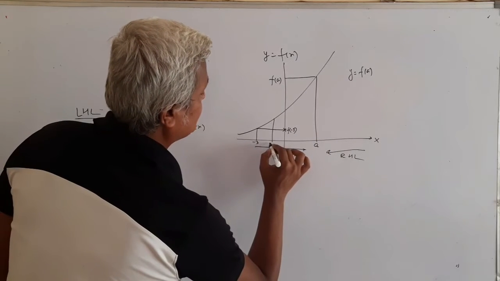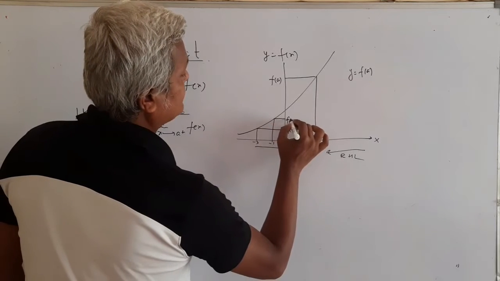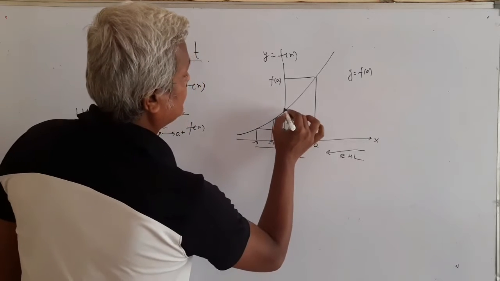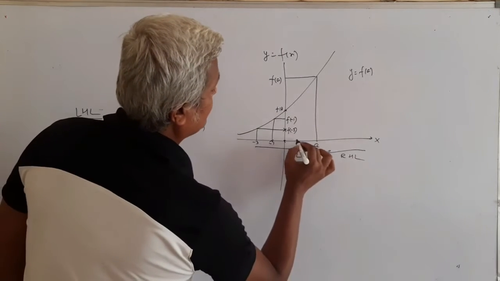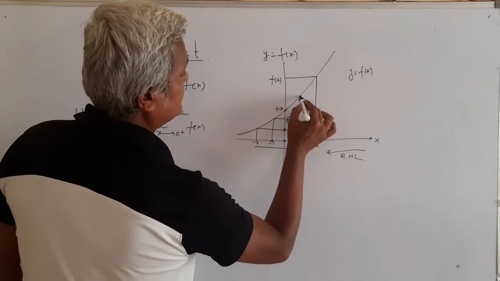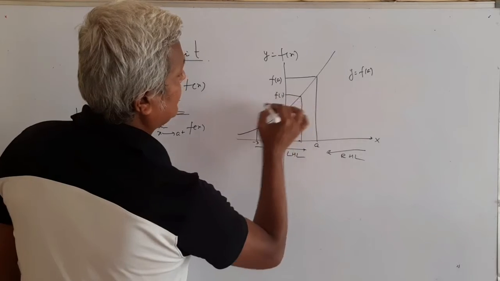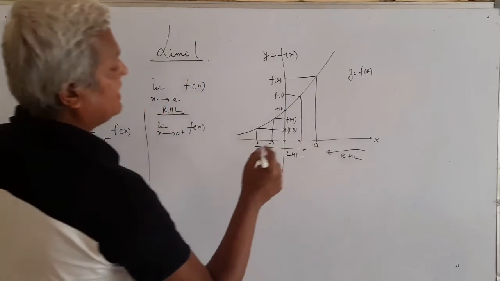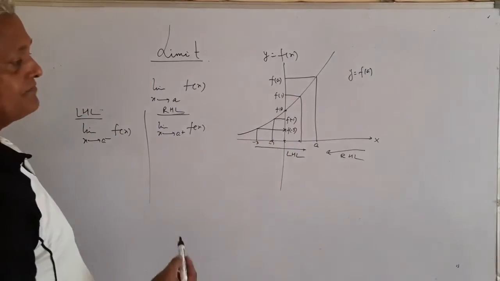When I'm approaching minus 1, this is my f(-1). When I am approaching 0, my function is approaching f(0), which is here. When I find f(1), the function is approaching f(1) here. Slowly I keep on moving, and when x is approaching a, the function is approaching f(a).